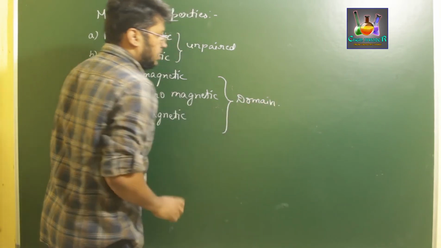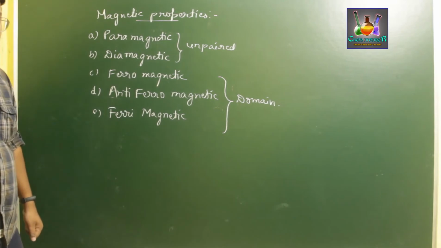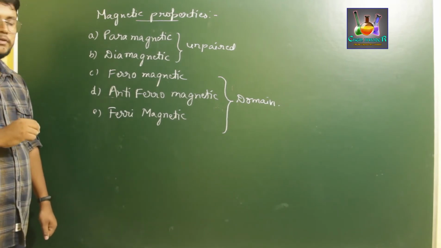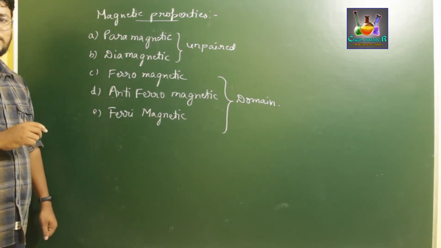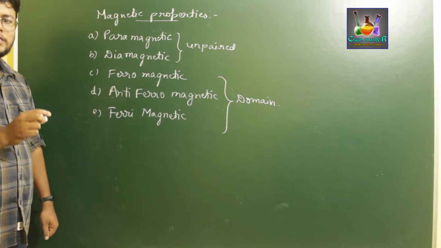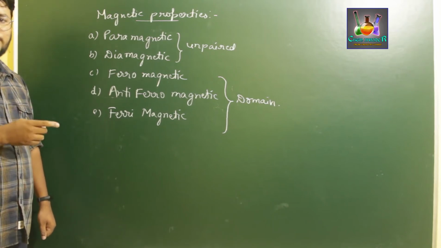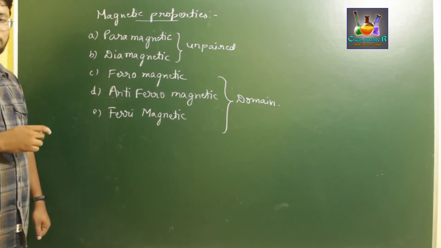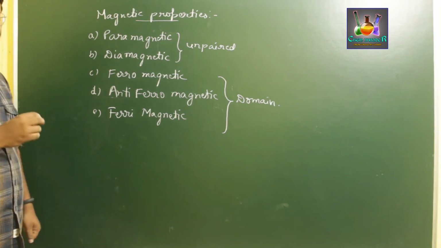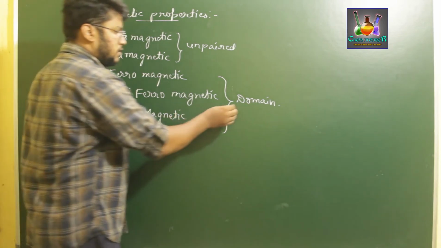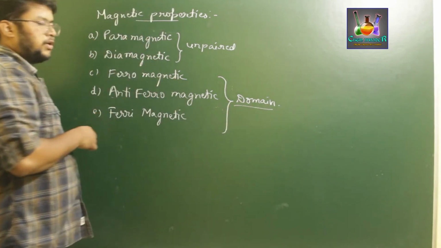So what are domains? Domains are groups of electrons of a substance which are arranged in such a way that a particular group has a particular direction of magnetic field, even in the absence of a magnetic field. We will discuss domains when we come to ferromagnetic substances.